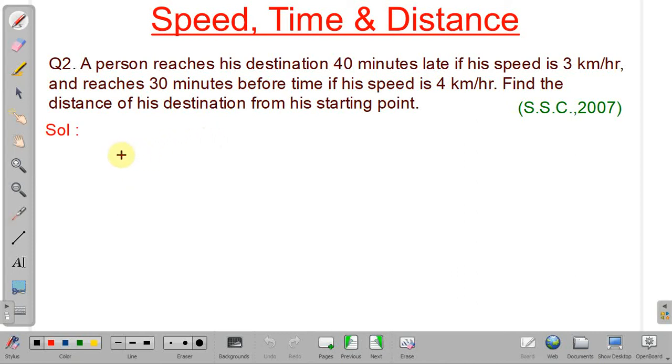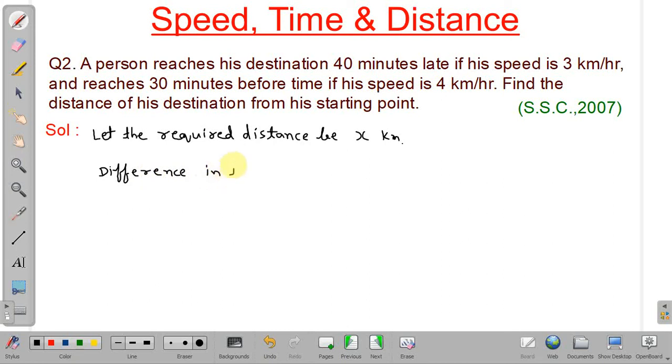So let the required distance be x kilometers. So the difference in time taken at two speeds is 40 plus 30 minutes, and this is 70 minutes.